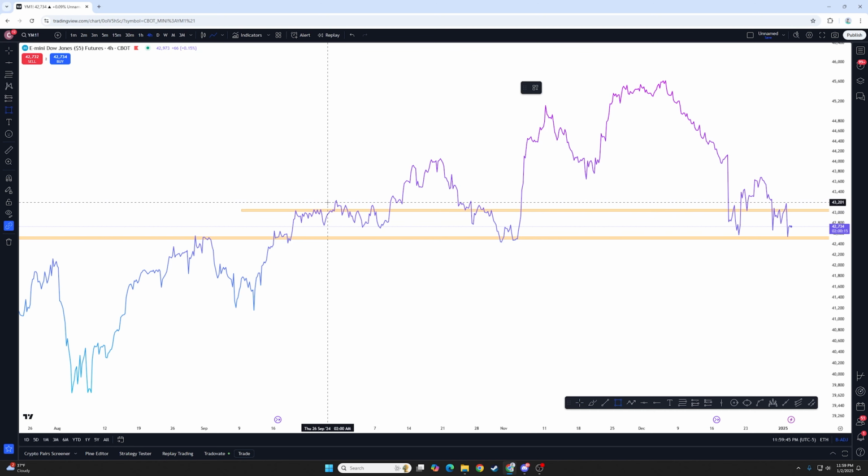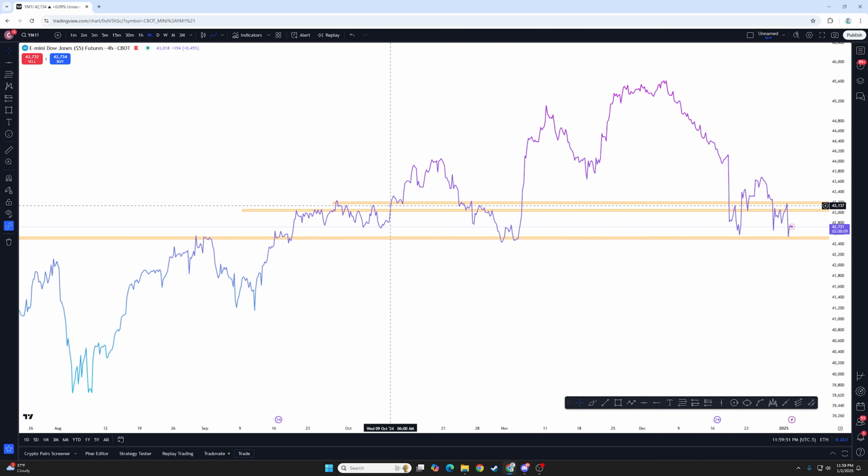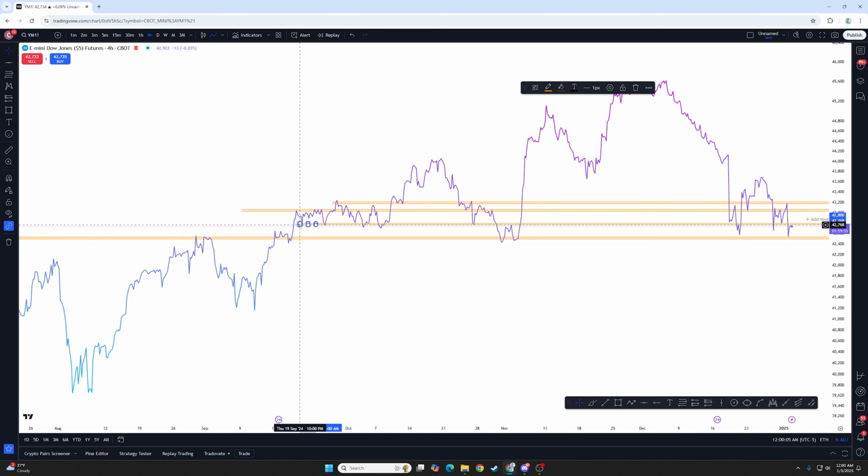Let me find just one more around that area. Let me use this one here. We used it as some resistance, some support around here, resistance, some resistance around here. And then let me get this one here, which is pretty much where price is at now.